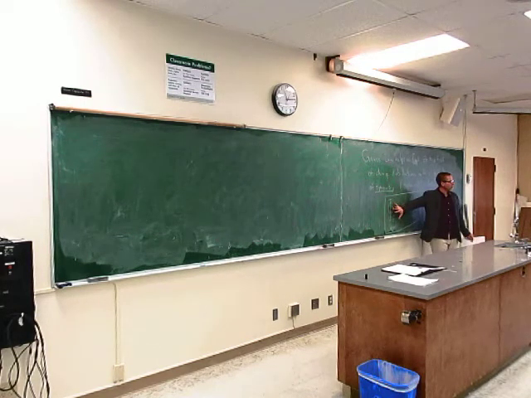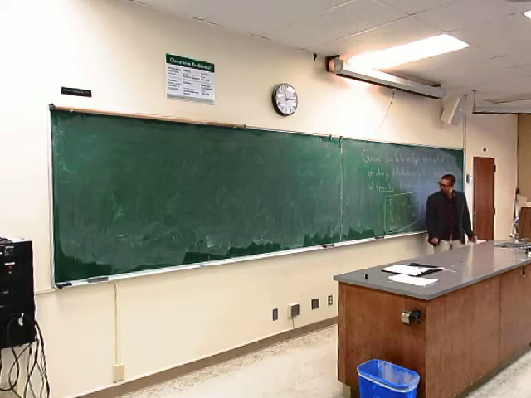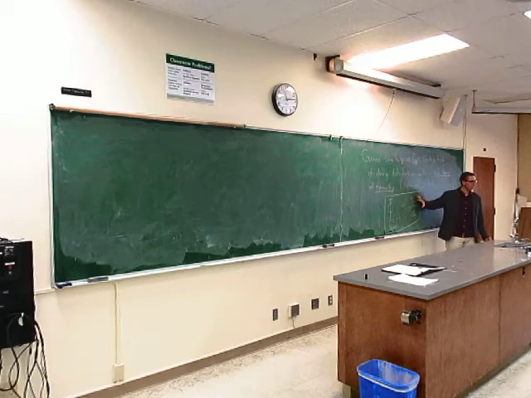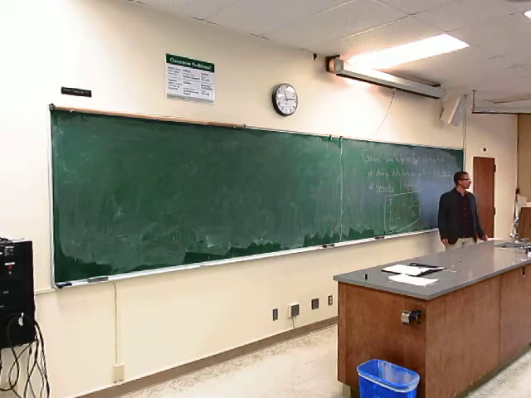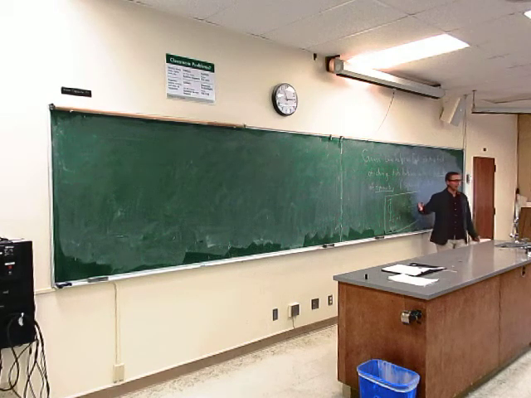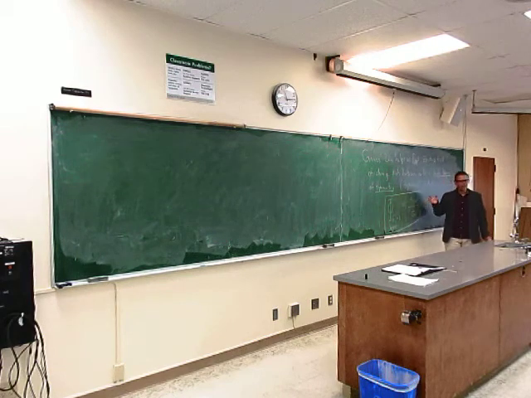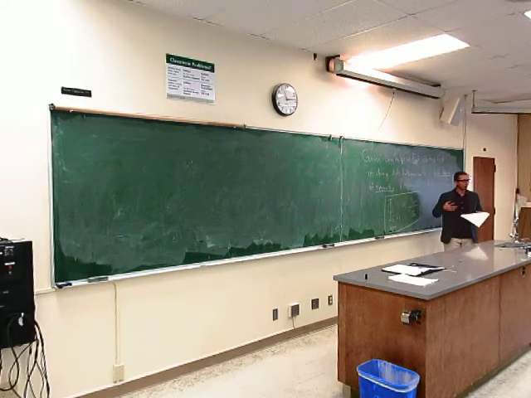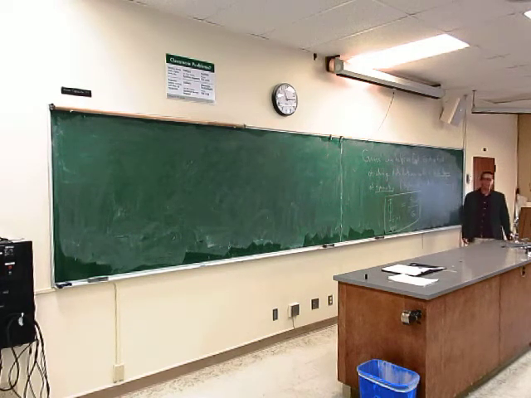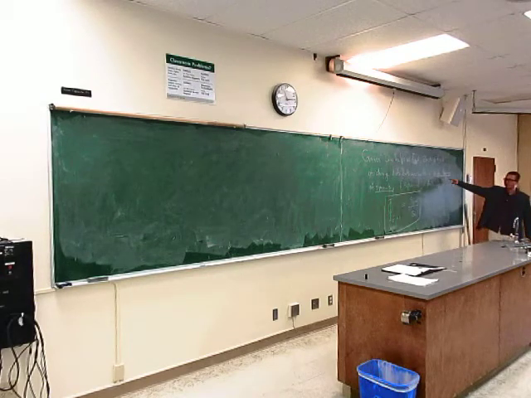In situations where there's a lot of symmetry, we can easily calculate the left-hand side, and then we equate it to the right-hand side, and we solve for our electric field. That's the basic process here. It's only really useful, though, when there's a high degree of symmetry.